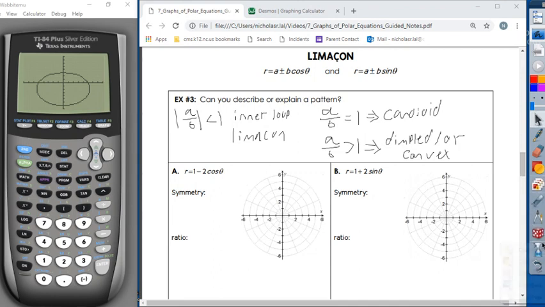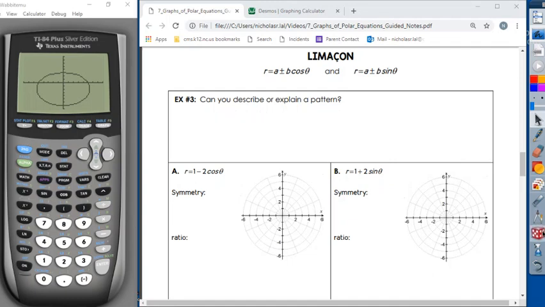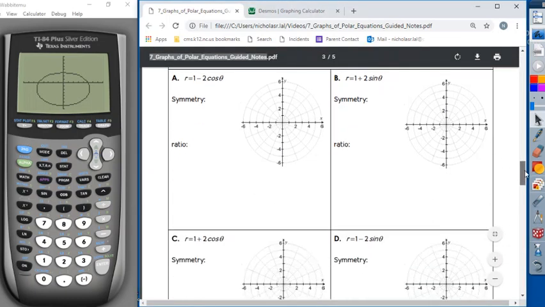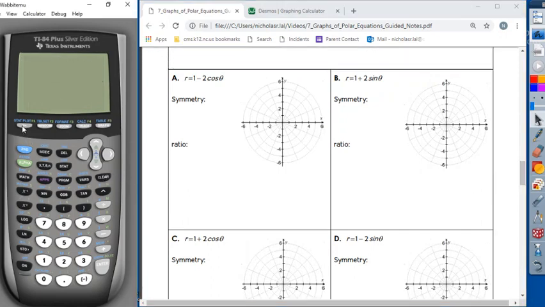So let's get into some examples. Here I'm going to start with graphing r is going to be 1 minus 2 times the cosine of theta. And so this should show us points.